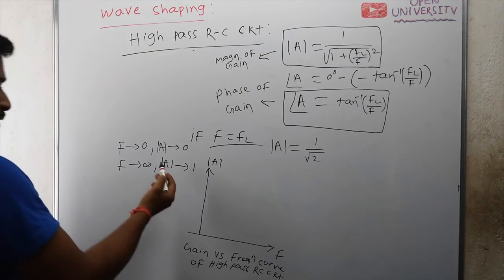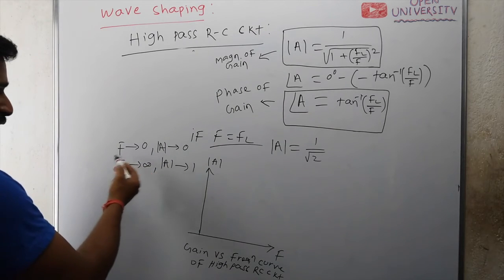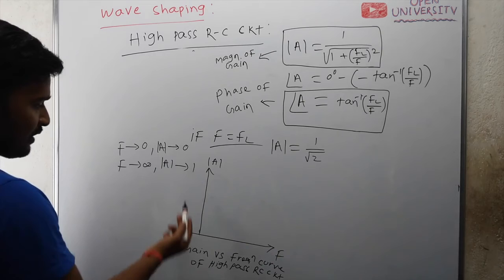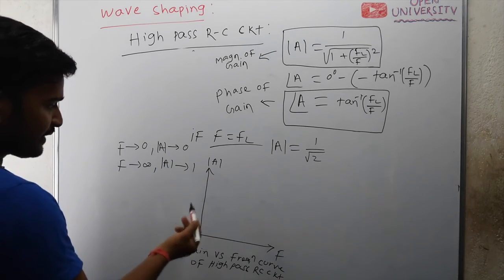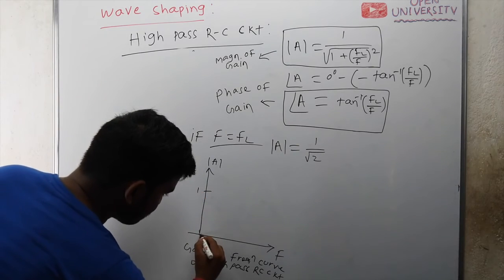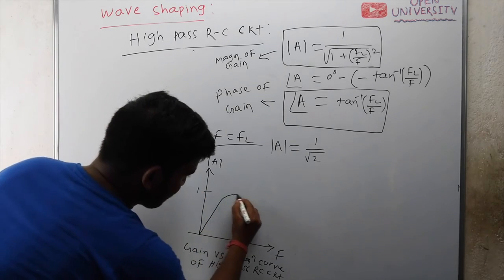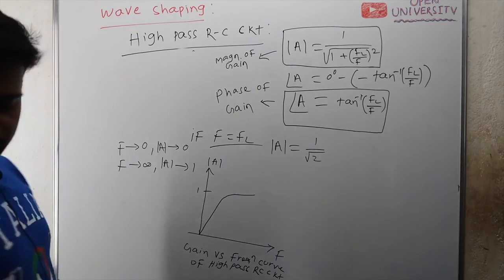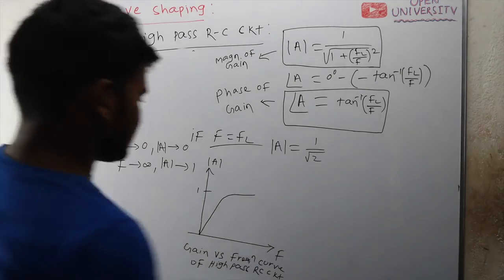From this we obtain that when frequency tends to 0, gain tends to 0, and when frequency tends to infinite, gain tends to 1. That means the curve will be something like this.